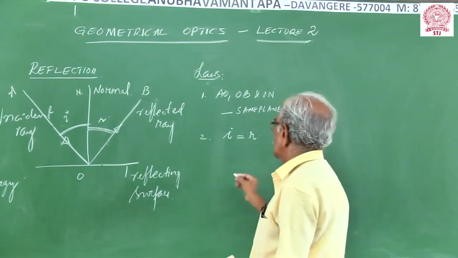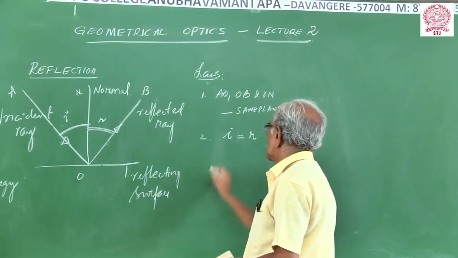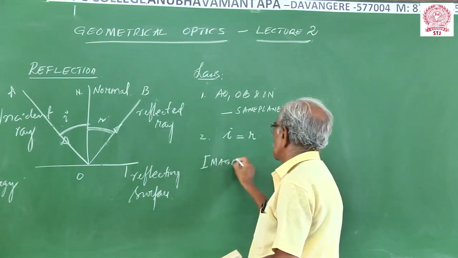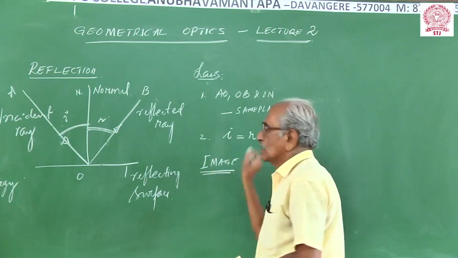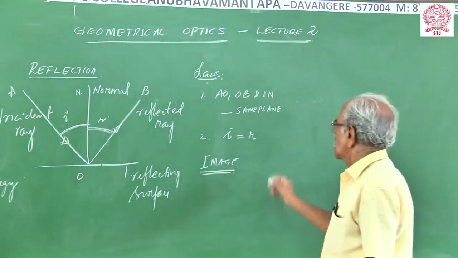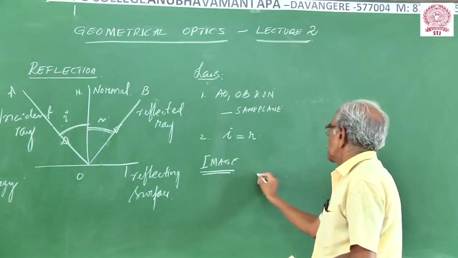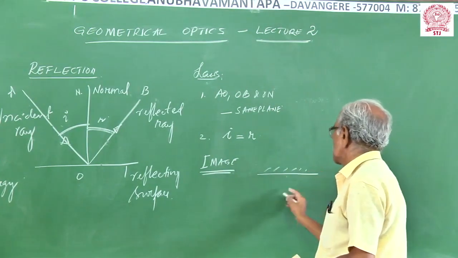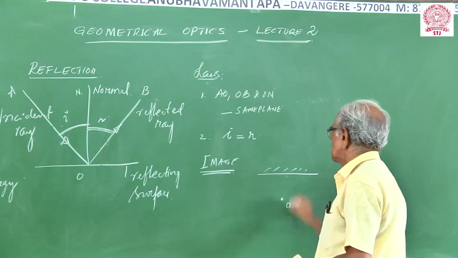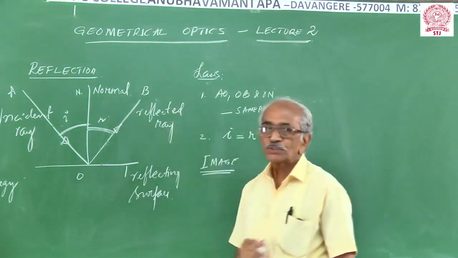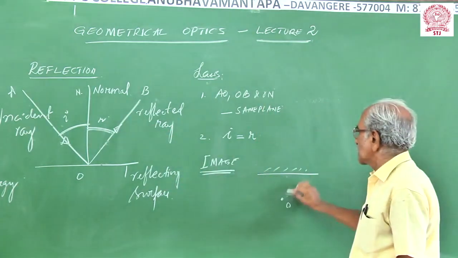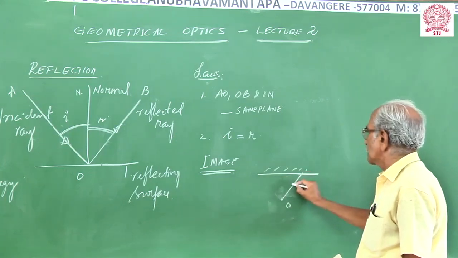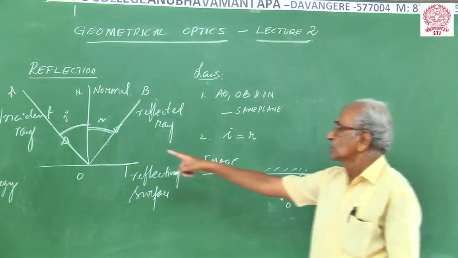Now I also gave you the concept of image. See here, if you have a mirror, let's suppose a plane mirror, and you place an object, a source, it sends out light in all directions in the form of rays. A ray going like this obeys these laws.